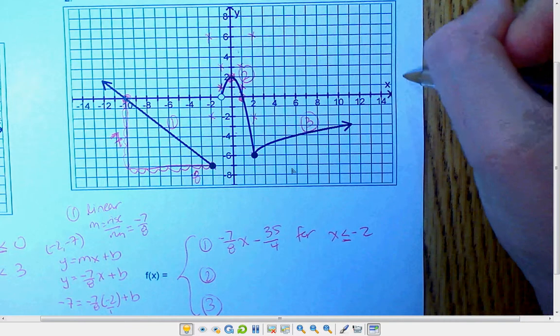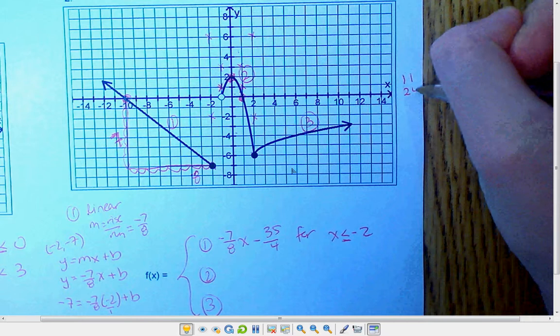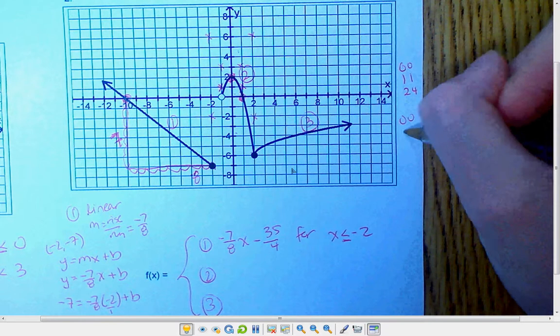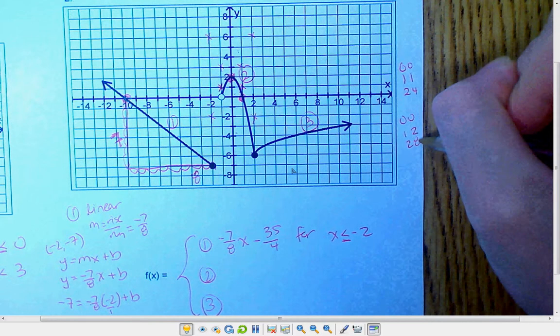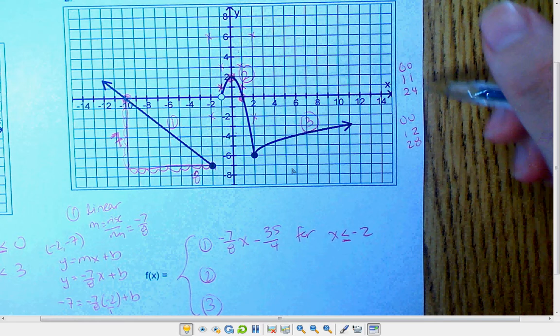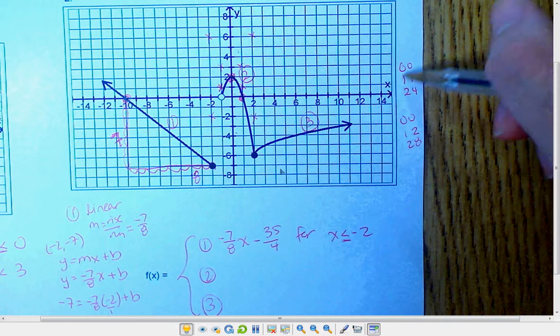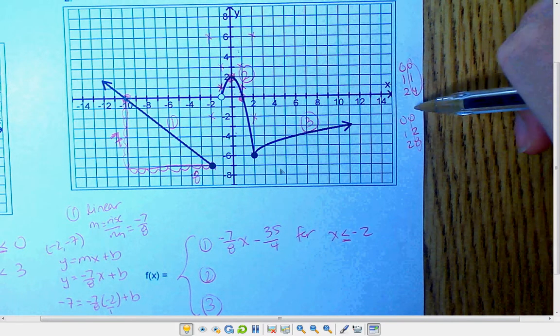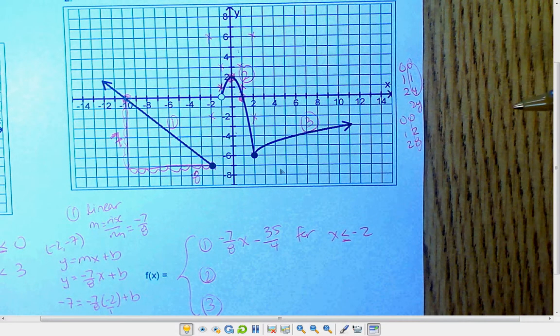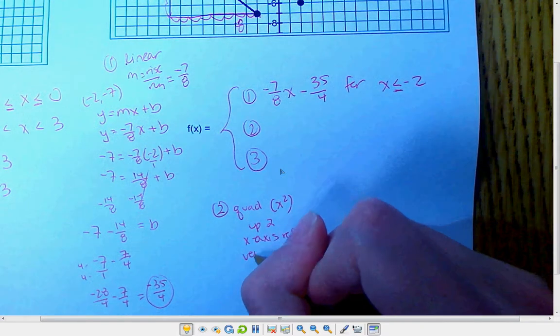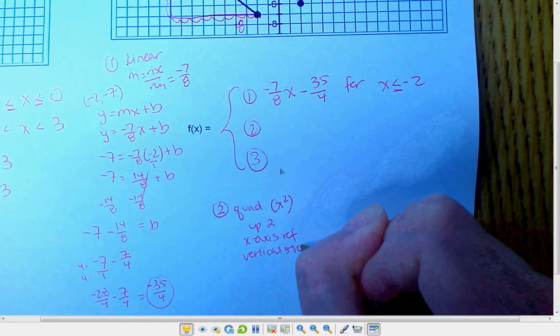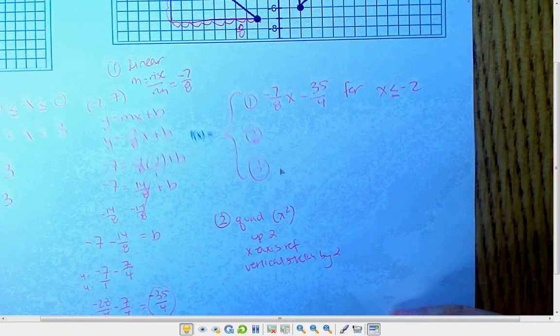So instead of going 1, 1, 2, 4, now it's going 1, 2, to 8. So what has happened to my points? Look at your y values, they've been multiplied by 2. So if your y values have been multiplied by 2, this is a vertical stretch by 2.